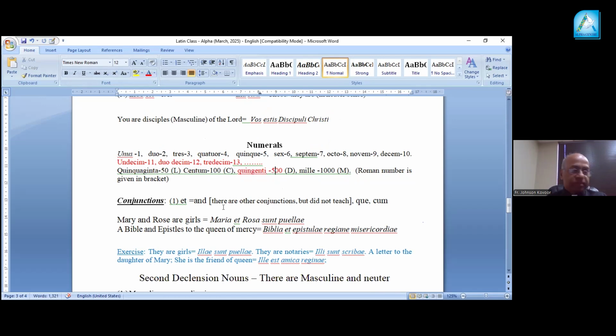And then one which you left is conjunction, that we want to learn. Conjunction means connecting words or sentences. There are different conjunctions like que, cum, but you only need to remember one: et. Et means and.